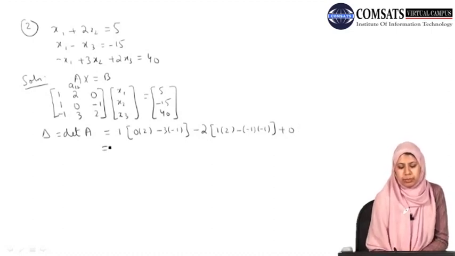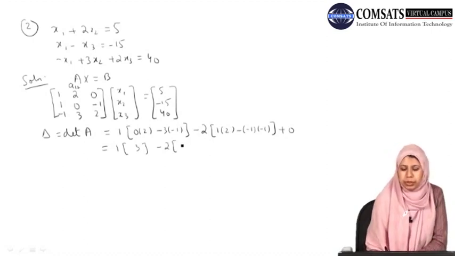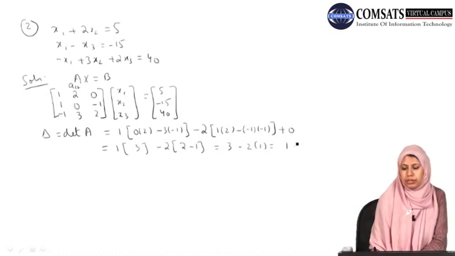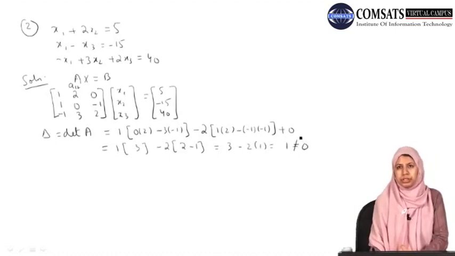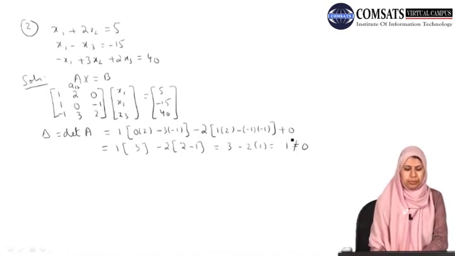Okay, simplifying, we obtain 3, 1 into 3 minus 2 into 2 minus 1, which is 3 minus 2 into 1, which is 1. Now the determinant of the matrix is different from 0, so the solution, that is the values of x1, x2 and x3, will be unique.